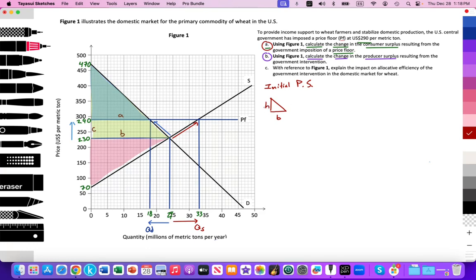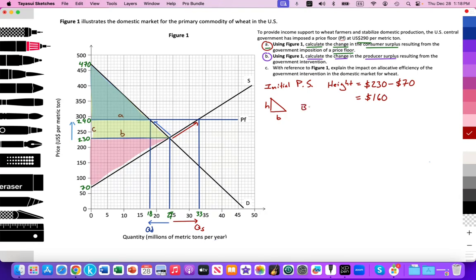And since it's a triangle, I want to do base times height divide by 2. So I want to first figure out what's the height. And so the height is going to be equal to 230 minus 70. And so my height now, 230 minus 70 is $160. Perfect. What's the base?